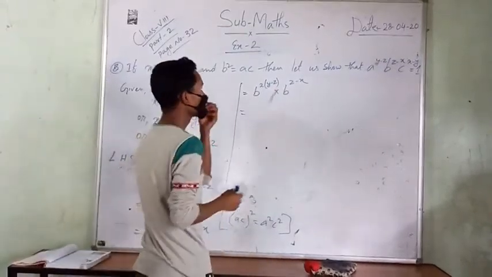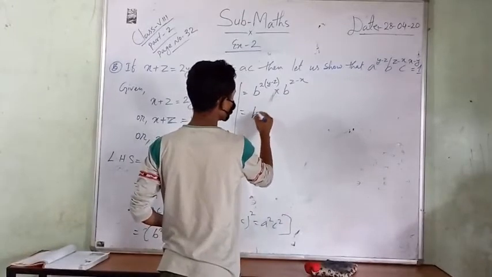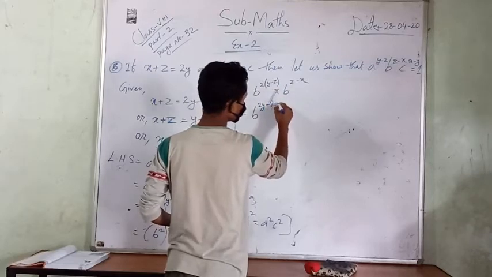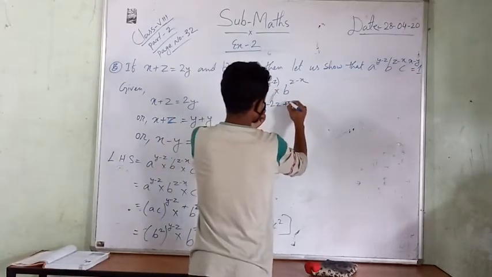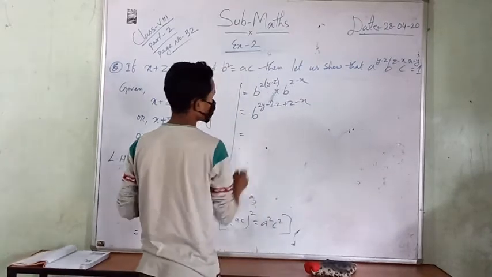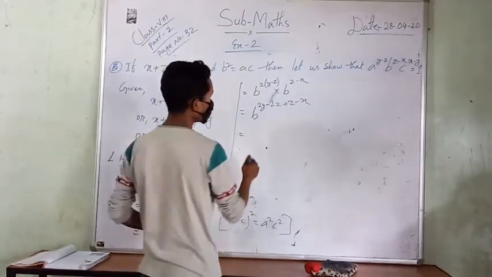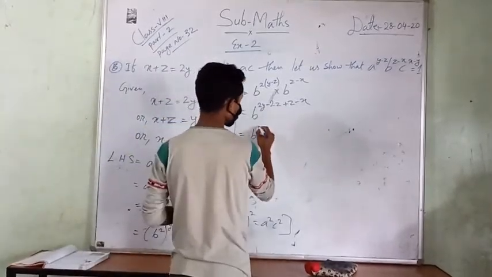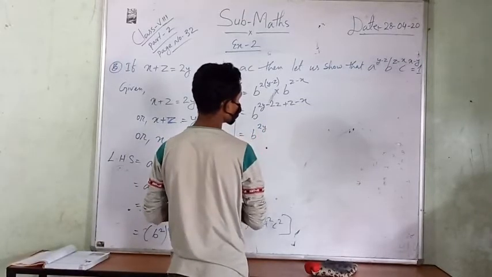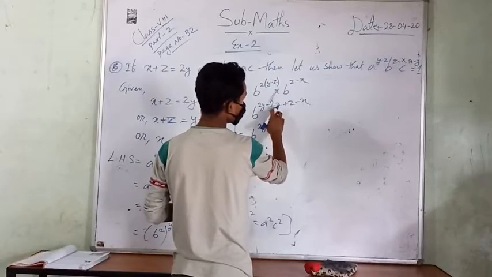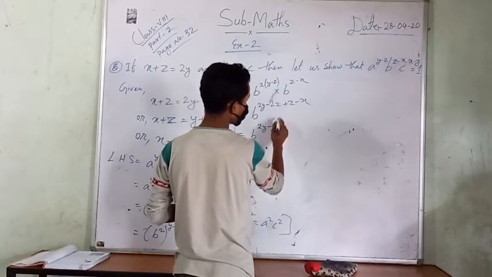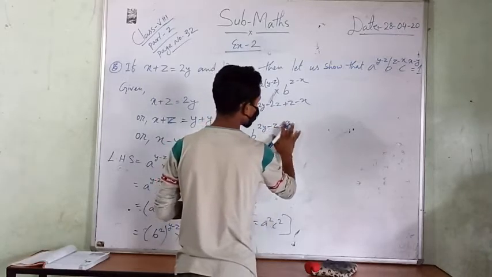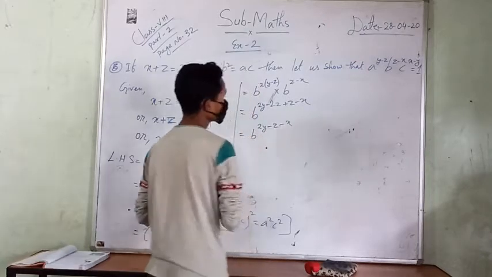Now look at there, the rest will be the same, then the powers will be added. We have to add the powers: 2 into y, 2y minus 2 into z, 2z plus z minus x. Now b to the power 2y, minus into plus is minus, then minus z, minus x.